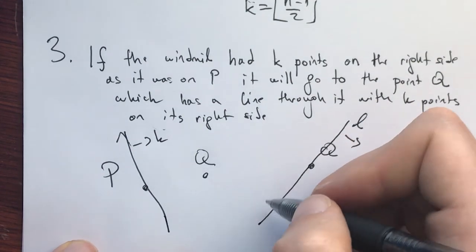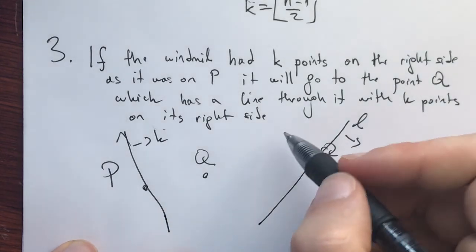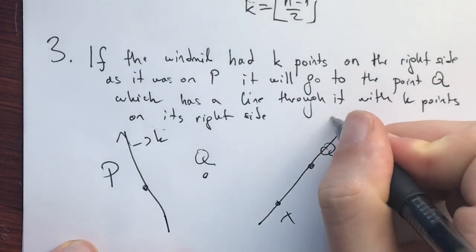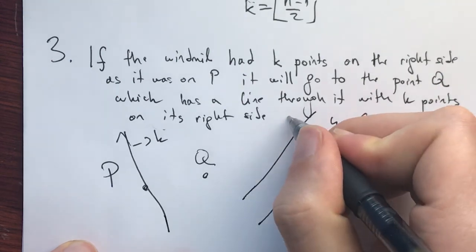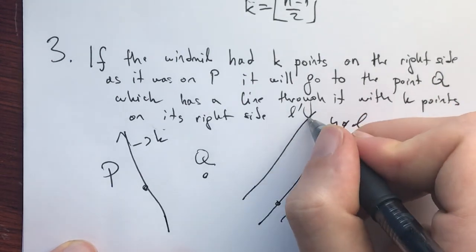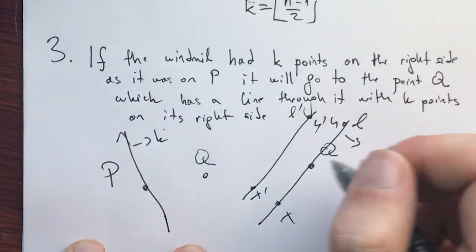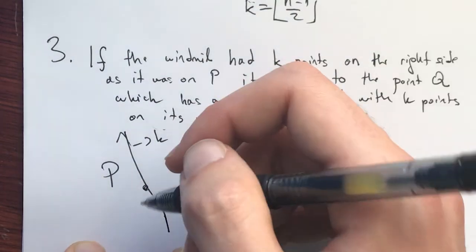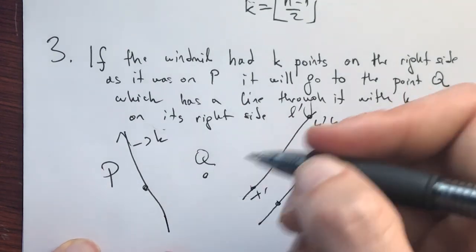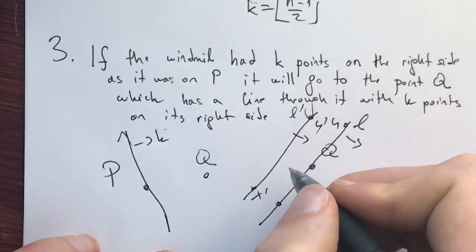That's the line L. Assume the windmill never came to L with this orientation, and take the line L prime, where the windmill actually was when it was parallel to the line through point Q, which divides it into k points on one side, and n-1-k points on the other side. Then we will have a contradiction.